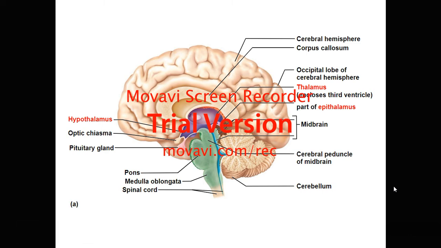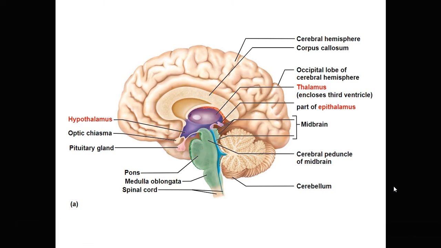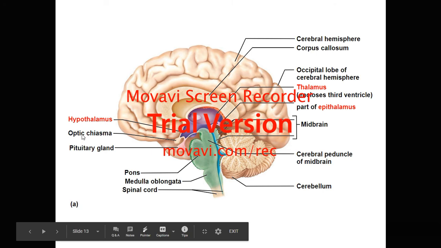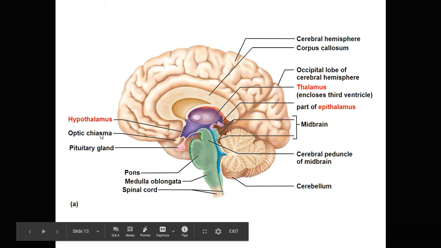Okay, so the thalamus is a major integrating and relay station for sensory impulses going upward. So remember, you have sensory coming from your body, so your body senses things and sends it to your brain to interpret. If it's dealing with your eyes, that's going to go through the optic nerve.